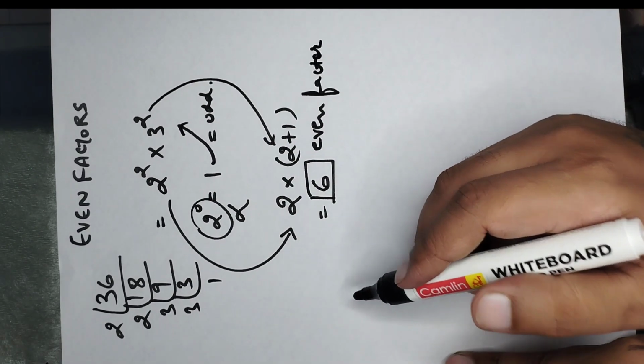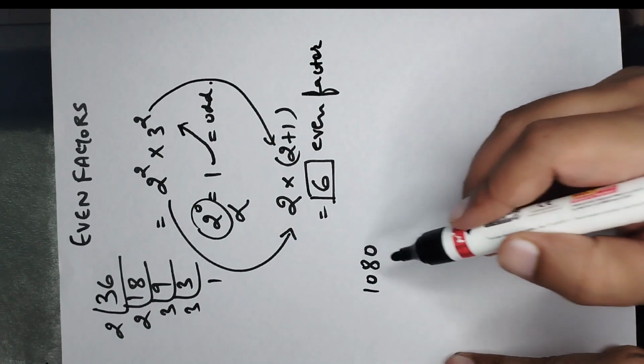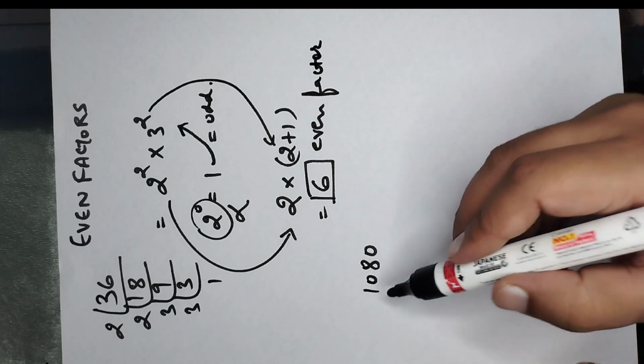Let us take one more example in this one. Suppose there is a number 1080, and I have to again find the number of even factors in this.